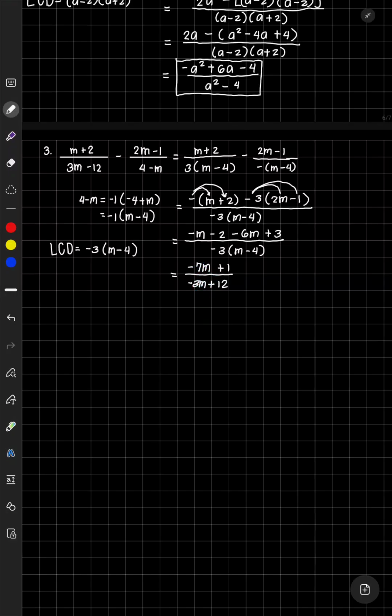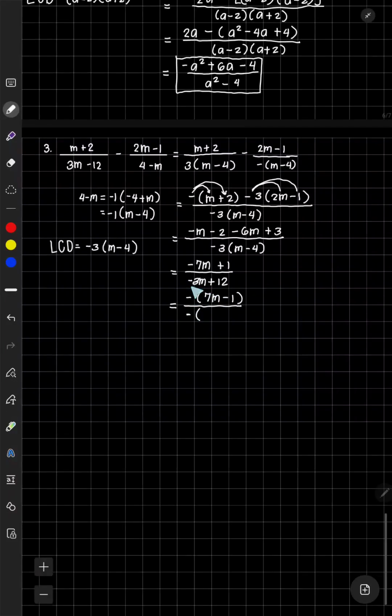so we can factor that out. So we have negative, so negative 7m divided by negative would be positive 7m. So 1 divided by negative, that would be minus 1. So all over, so let's factor out negative 1. So negative 3m divided by the negative 1 here, so we have 3m.